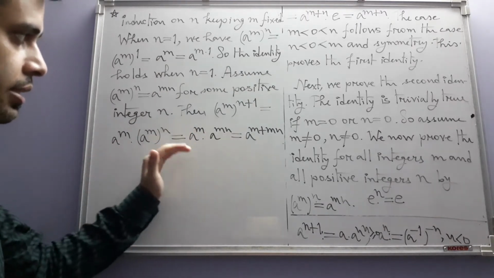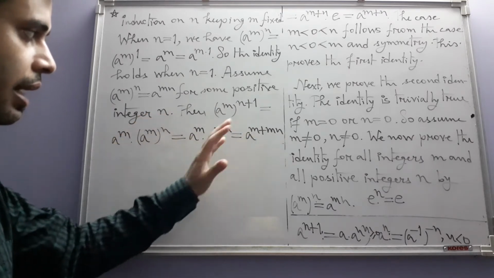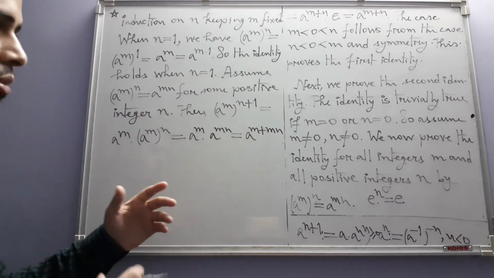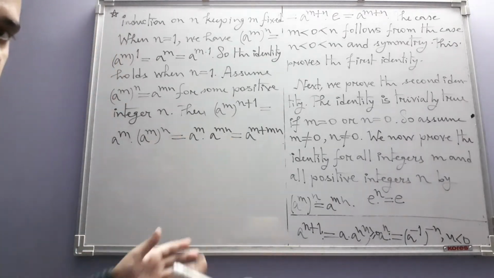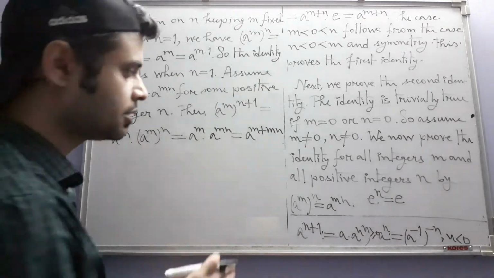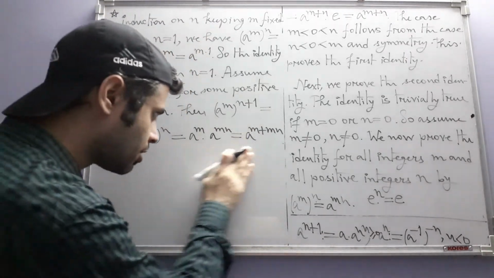Note that ideally we should write all these things. The justifications for all the steps should be written alongside or somewhere, but I am not writing them since I am narrating, or rather describing, the whole thing, so I am not bothering to write those things. It follows from the first identity.